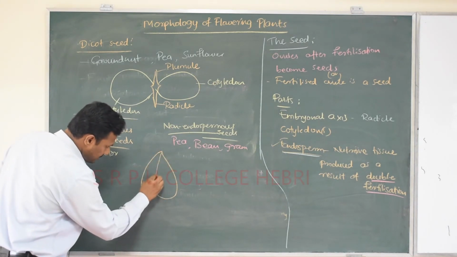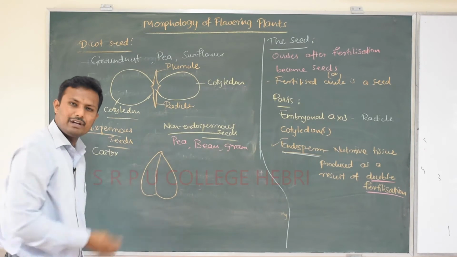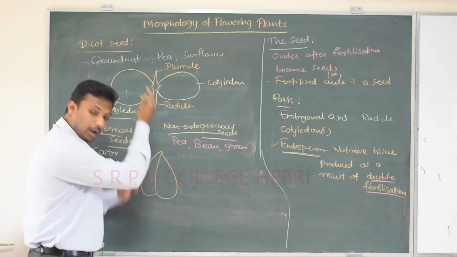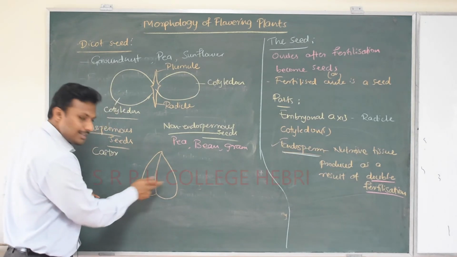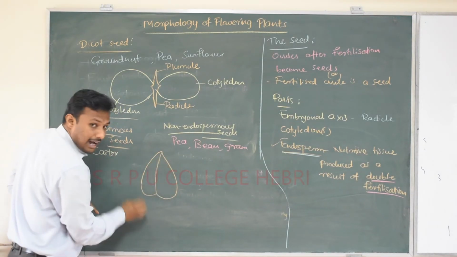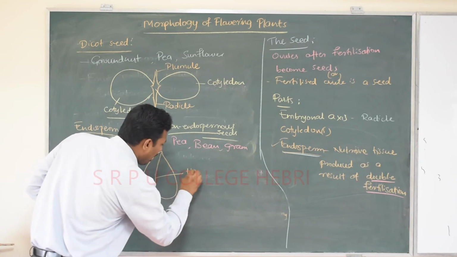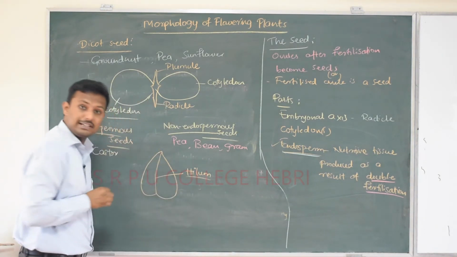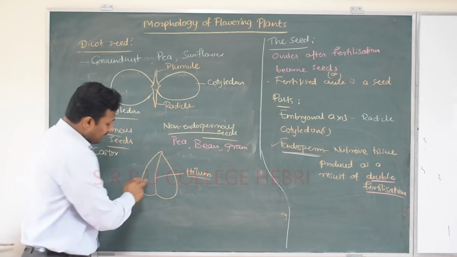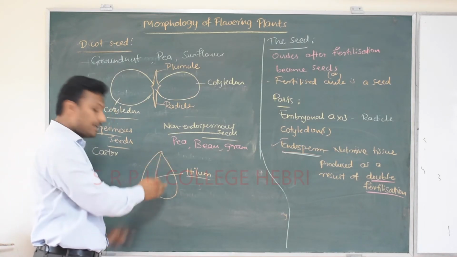There is a very light line running all across the seed in between the two cotyledons. This is one cotyledon, this is another cotyledon, and this is a scar, and this scar is called hilum.